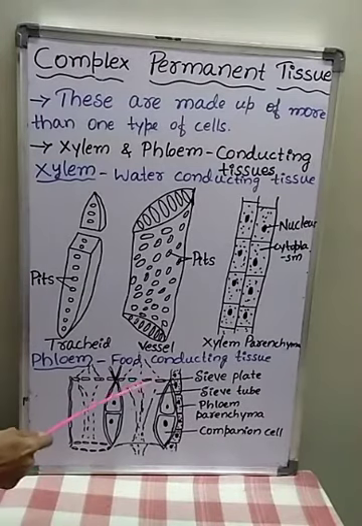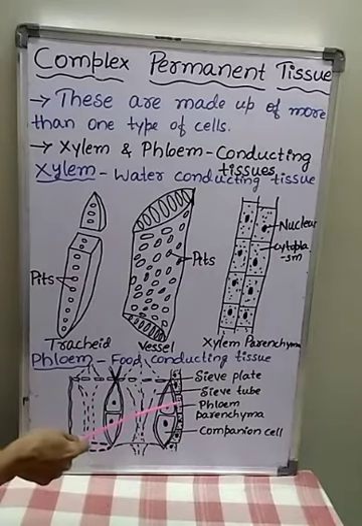See, this is the sieve plate. The sieve plate is present between 2 sieve cells or between the sieve tubes. Then this is phloem parenchyma which contains nucleus and cytoplasm, and this one is the companion cell.